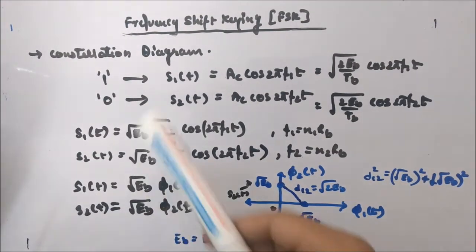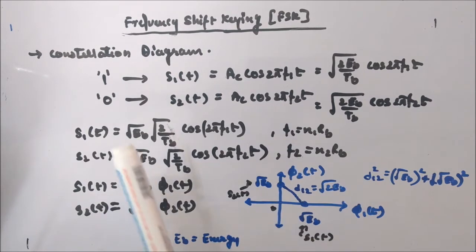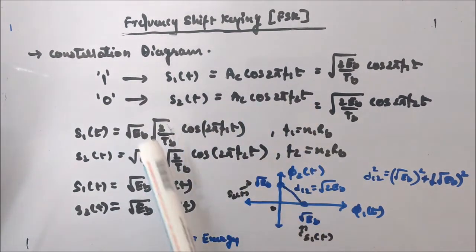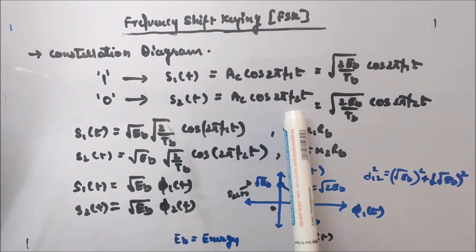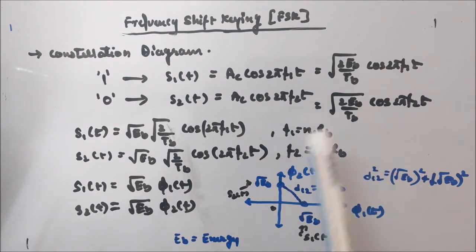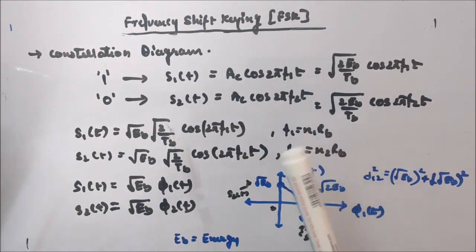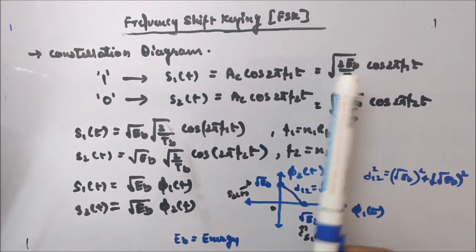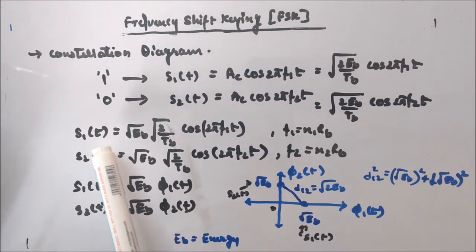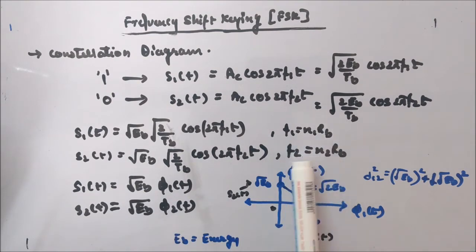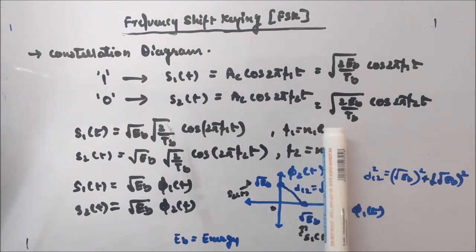So let's look at the constellation diagram of frequency shift keying. So for bit 1 we are transmitting Ac cos 2 pi F1t, and for bit 0 we are transmitting Ac cos 2 pi F2t. We can replace the Ac by under root 2 Eb by TB, under root 2 Eb by TB here also. So cos 2 pi F1t, cos 2 pi F2t. Now we take out under root Eb outside, so your signal will look like this, where F1 is N1 RB, F2 is N2 RB, don't forget this.